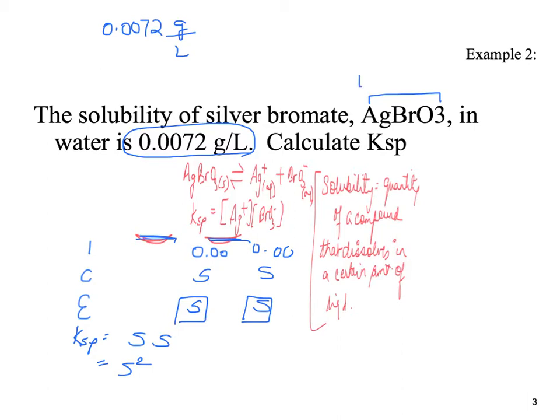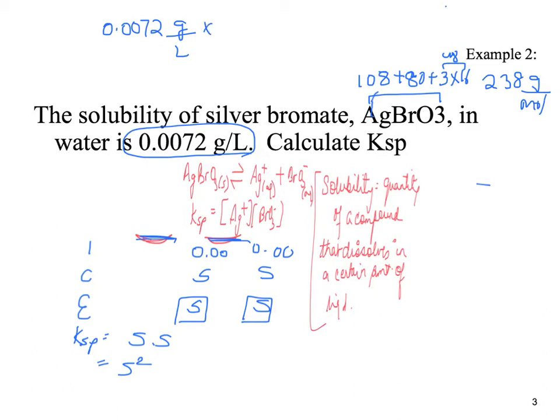That means for silver, I'm going to need the molar mass for this. So for silver, I'm going to need 108. Bromine is 80. Oxygen is 16, so 3 times 16, that's 48. So 48 plus 80 plus 108, and that gives you 236 grams per mole.